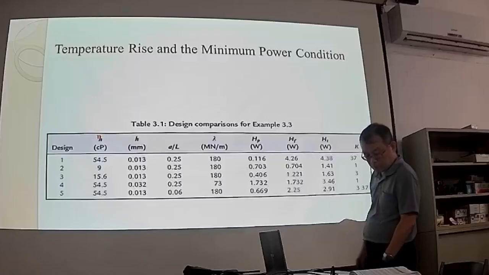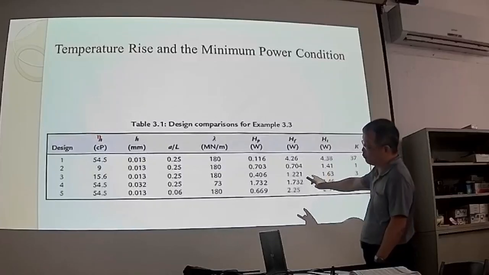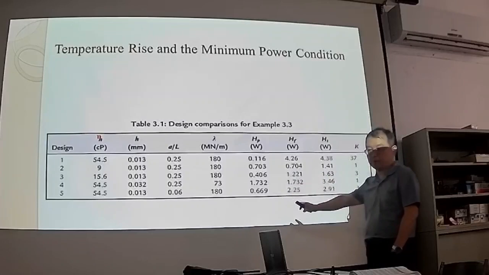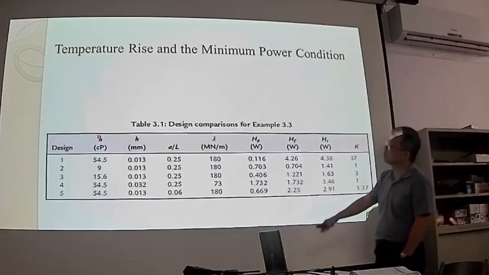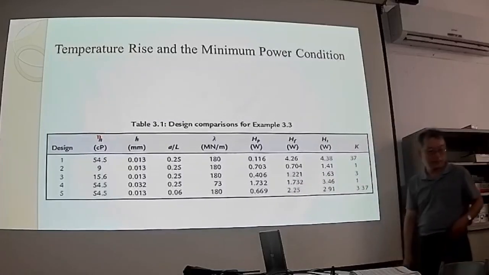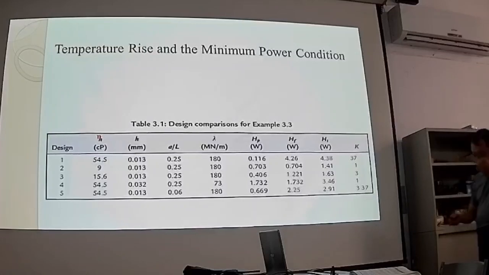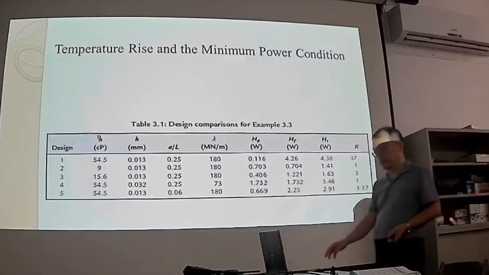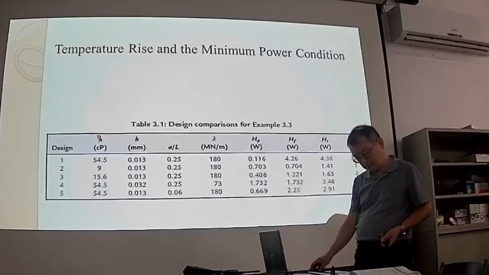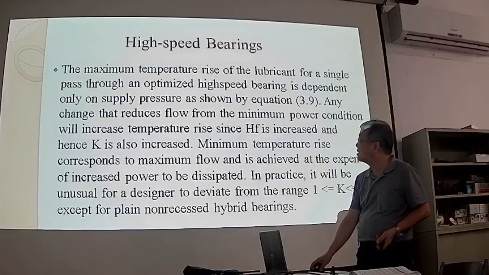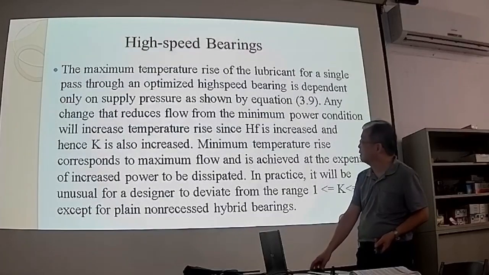So this probably is true for the low speed bearing. For the power ratio ranging from 1 to 3, it is almost the same.